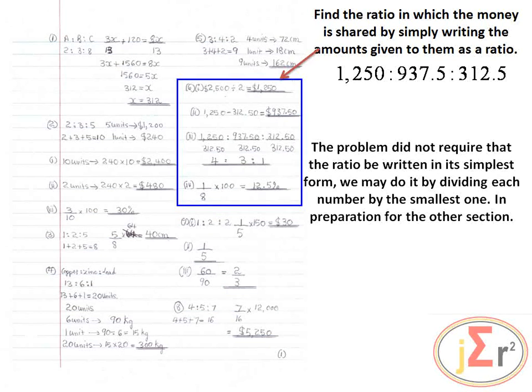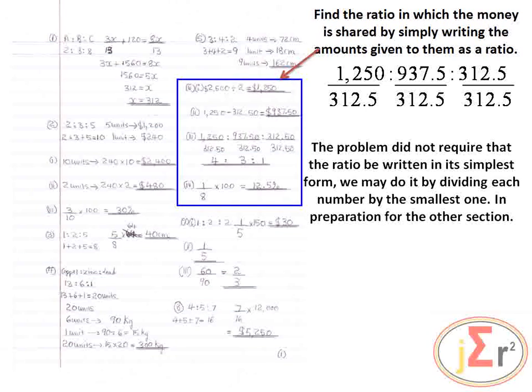In preparation for the other section, when we are writing a ratio in its simplest form, we do not just jump and take the smallest number and divide into all of them like that. That might not reduce it to its simplest form. It turns out that it works in this particular case.